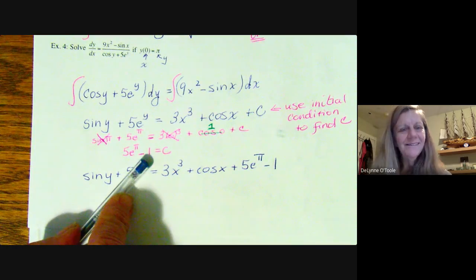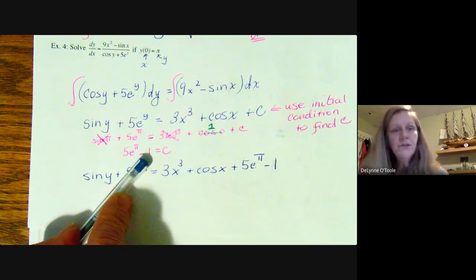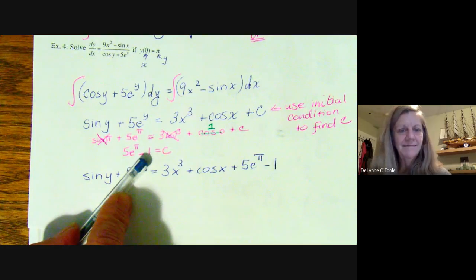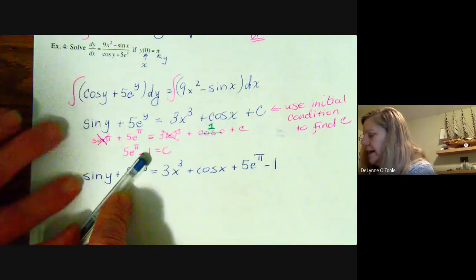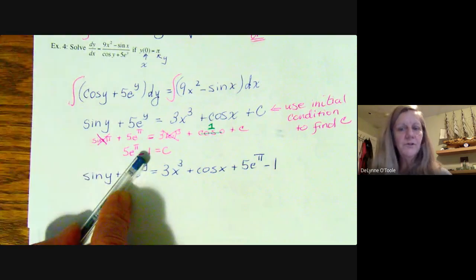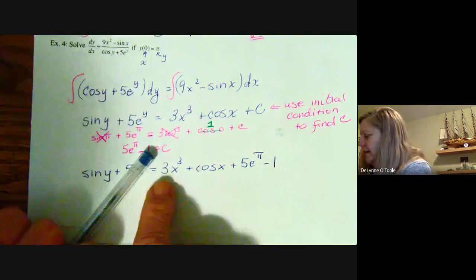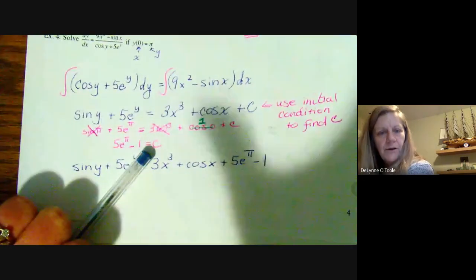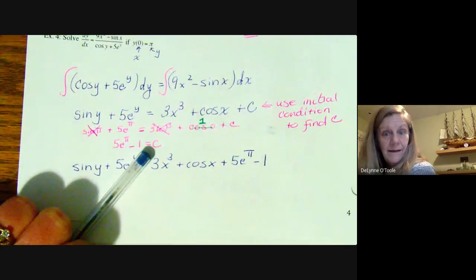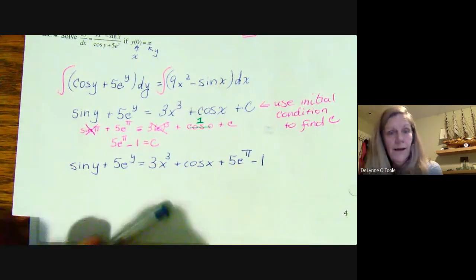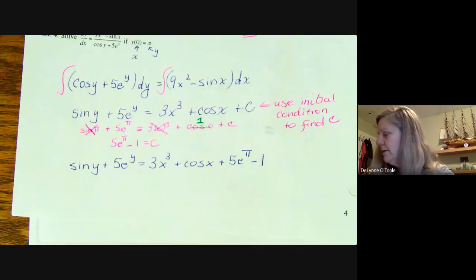Anyone know? You take the inverse sine of both sides. The inverse sine of the sine of y is just y, and then you'd have the inverse sine of the entire other side. You'll run into some problems where you have to do that as well. So I'm bringing it up now.